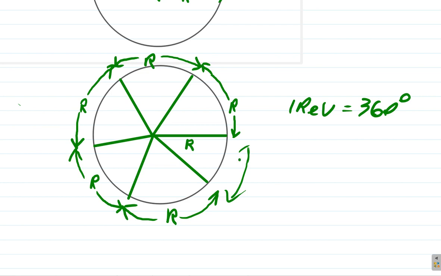But that one revolution would cover one circumference if we add up all the arc lengths going around. Remember, the arc is part of the circumference. So if we go right around with it, we would be able to find out how many R's we cover.